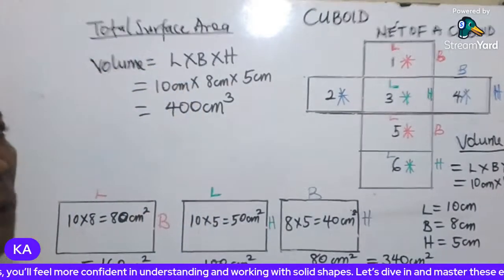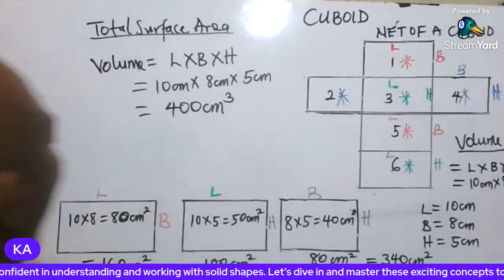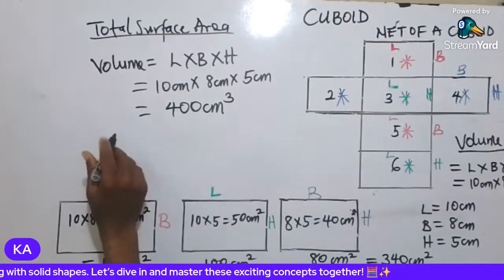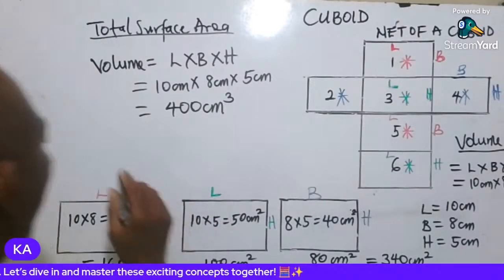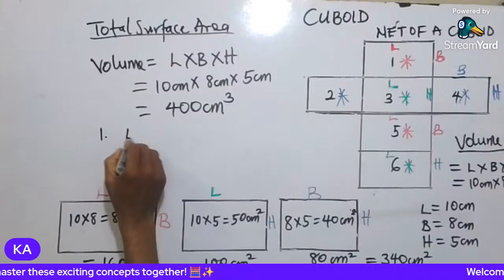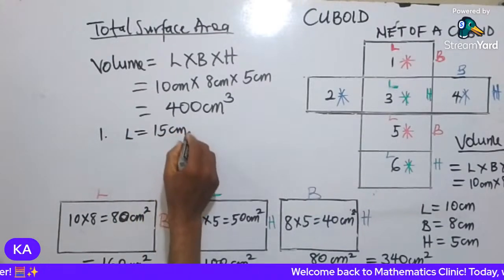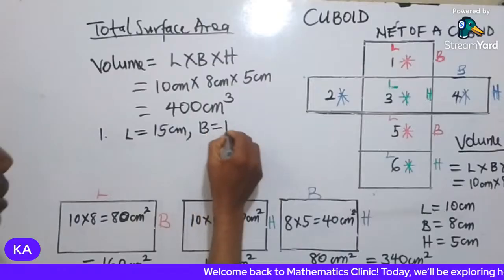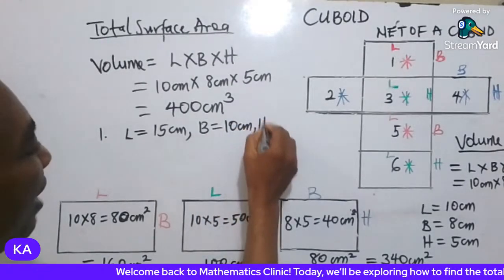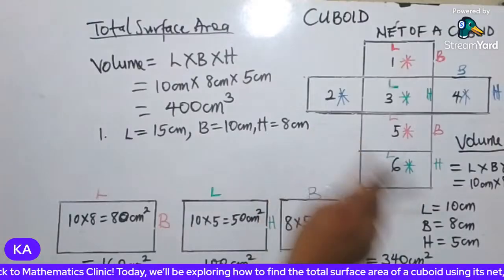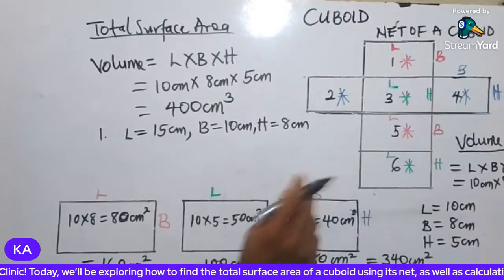So that is how far we can go on cuboid. I'm going to give you this as an assignment, and I want you to drop the answer in the comment section. Number 1, if the length of a cuboid is 15 centimeter, the breadth is 10 centimeter, and the height is 8 centimeter, what is the total surface area of that cuboid, and what is the volume of that cuboid?